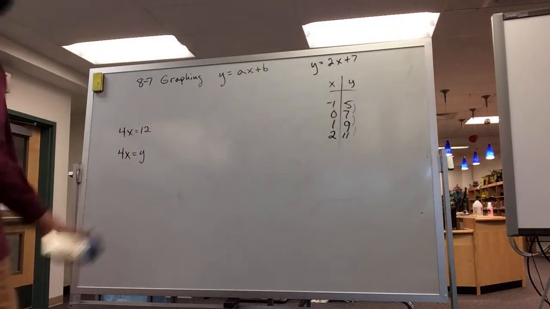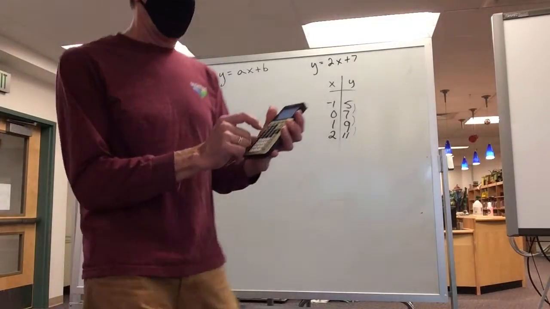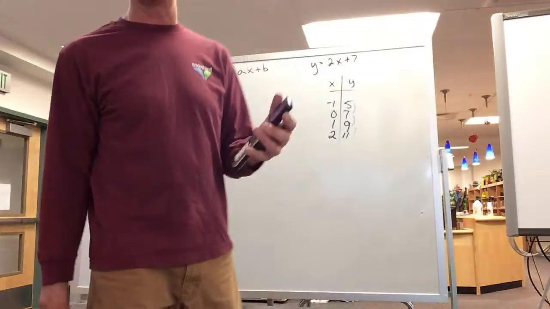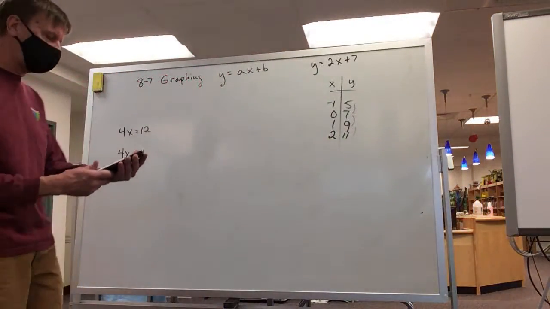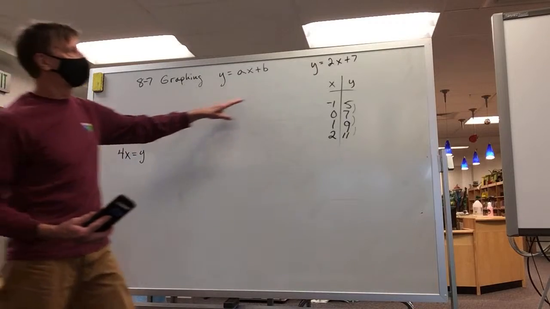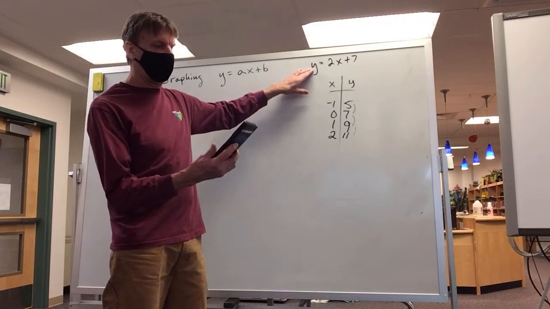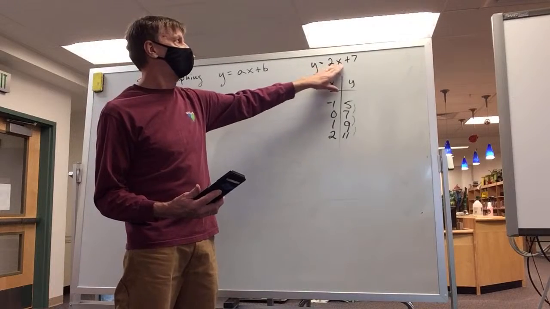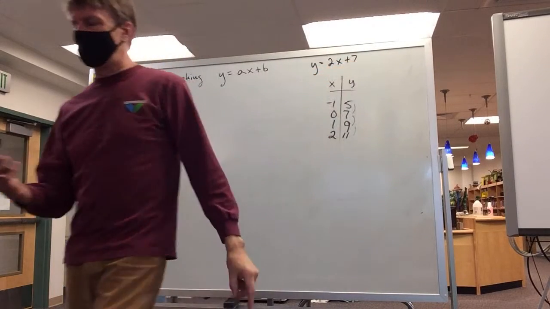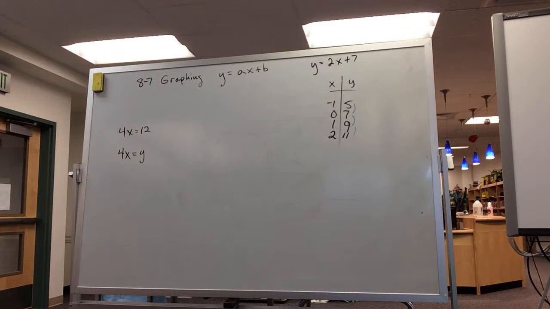And then the x is found next to the green alpha key, where it says X,T,theta, that weird shape called theta. You have the y in there already, so all you have to type is 2, the x, plus 7. Help each other if you need. Are you in? You guys have 2x plus 7?